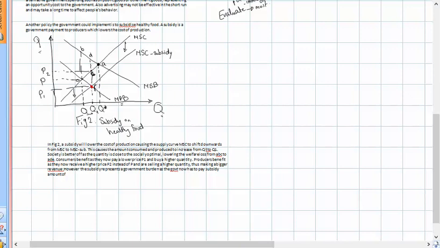Over here, A, E, the vertical distance subsidy, horizontal distance of the quantity, the amount of the subsidy times the quantity that is sold. This is the government payment. So the government has to pay a subsidy amount of area P2, P1, F, E.